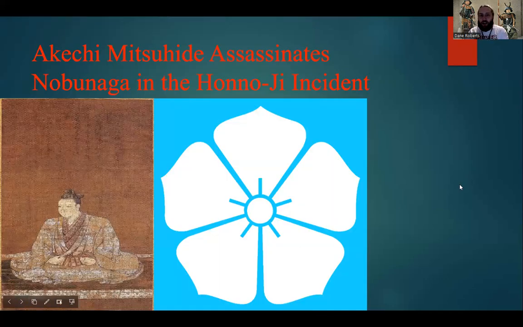However, eventually he would be betrayed in 1585, I believe, 1583, by one of his generals, Akechi Mitsuhide. And this happened because Oda Nobunaga was an incredibly paranoid individual. He did not trust any of his generals. He often mistreated his generals, with the exception of a couple, like Toyotomi Hideyoshi.